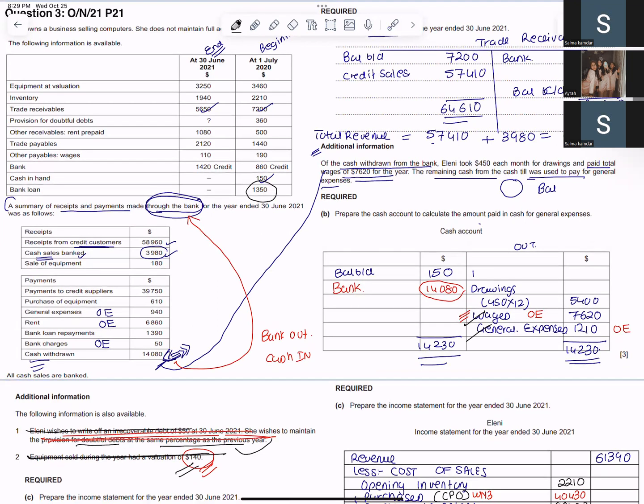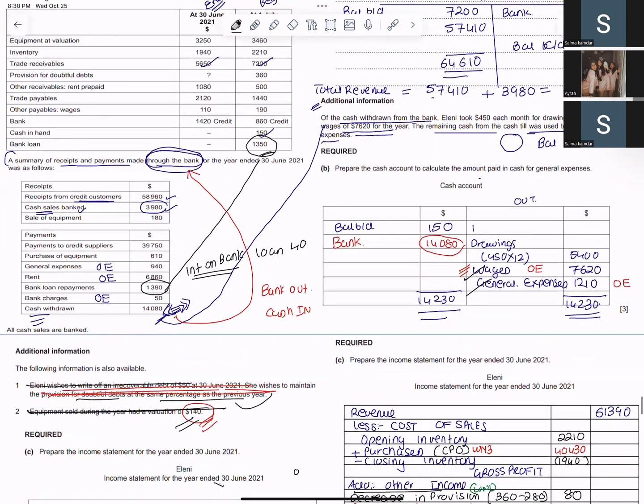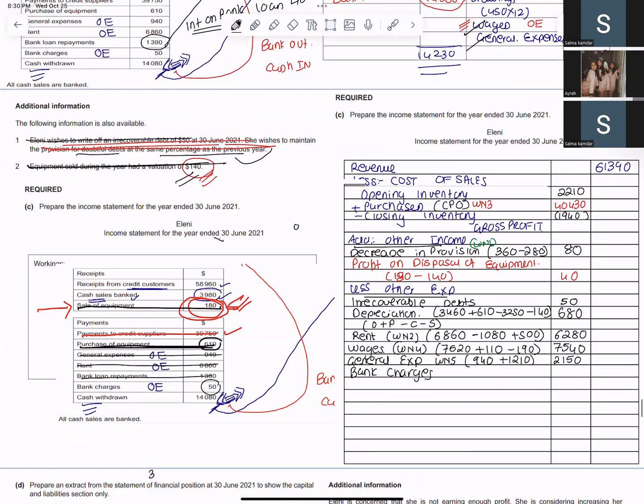But I have repaid how much? 1390. That means have I paid interest on the bank loan? Of how much? 40 interest on the bank loan. Okay, so keep this in mind.